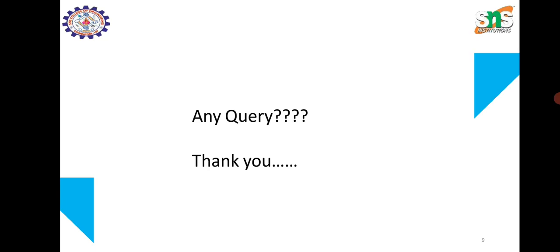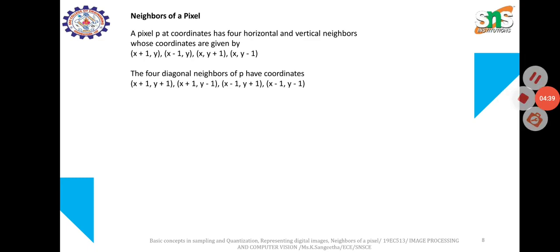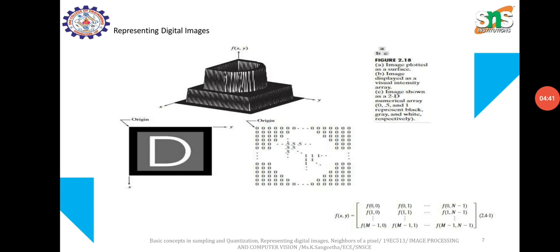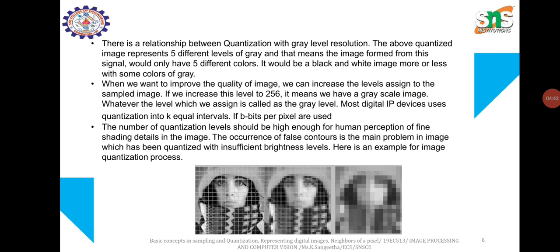In this video we have seen what sampling is, what quantization is, how sampling is taken, how quantization is taken, and how the image is converted into a digital image.